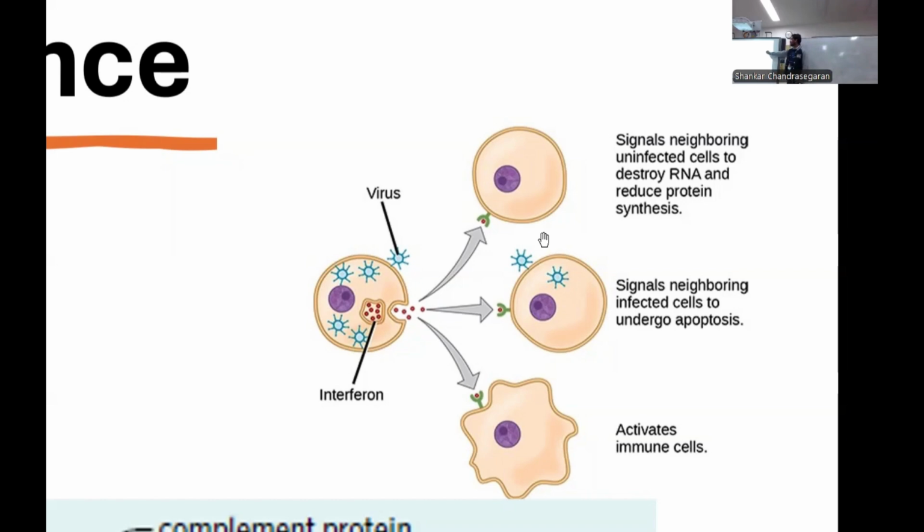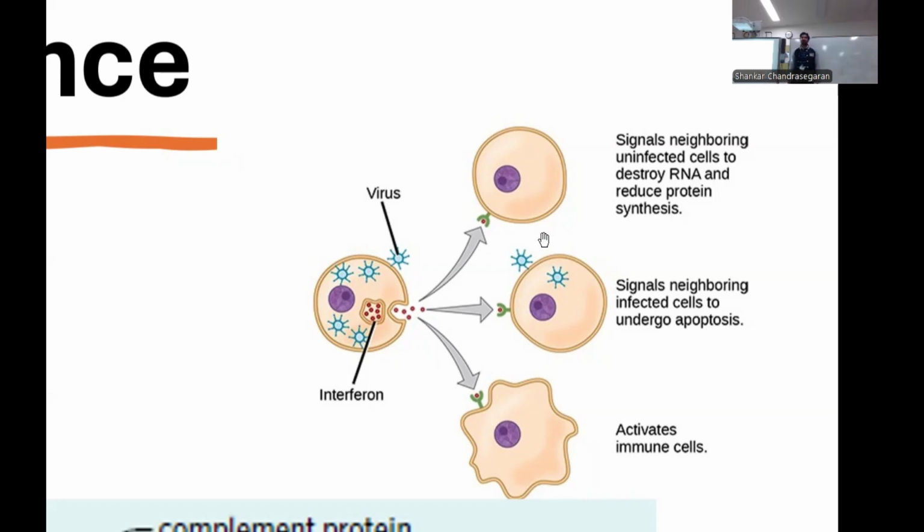So the cell will go into hibernation mode and not really accept the virus anymore. Second, it signals neighboring infected cells to undergo apoptosis. Apoptosis is programmed cell death, and interferons can sometimes even do that, right? Especially with neighboring infected cells, they trigger those cells to undergo cellular death.